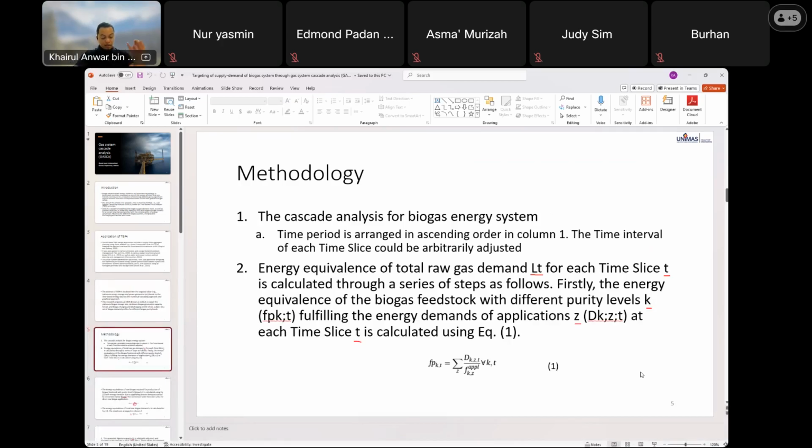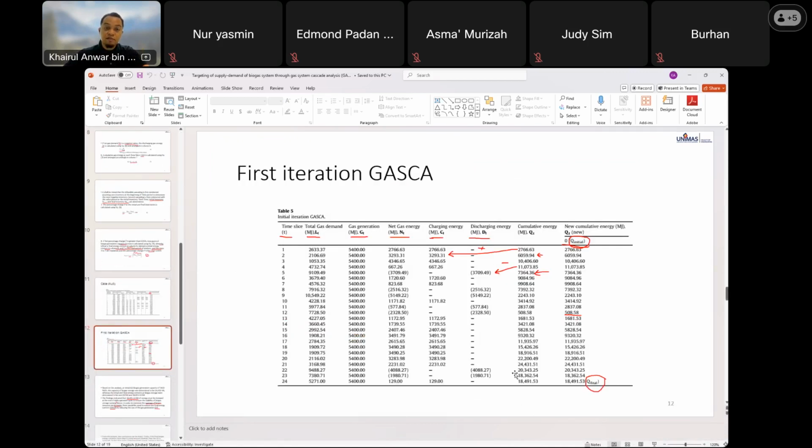Once all the raw data is ready, the steps for constructing the cascade table are as follows, and the generic cascading procedure is shown in figure 4. This is figure 4. So that is the first.